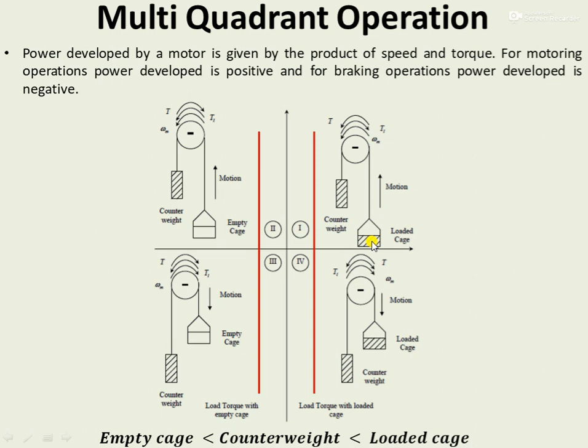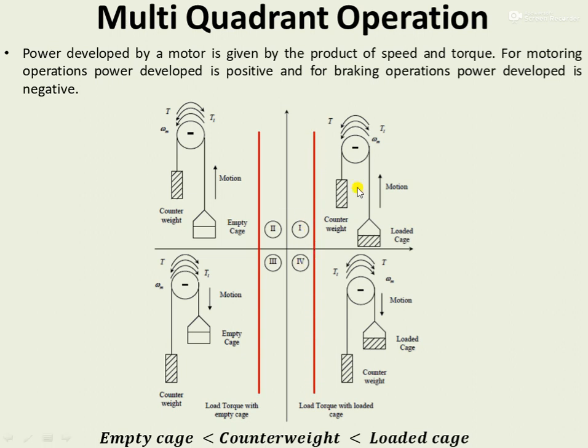It does not have any dependency with speed. So in this first quadrant and fourth quadrant, the effect of gravity which is being caused by the loaded cage is actually the load torque, and it is indicated as a straight line which is represented as this red line, as you can see it very clearly here.